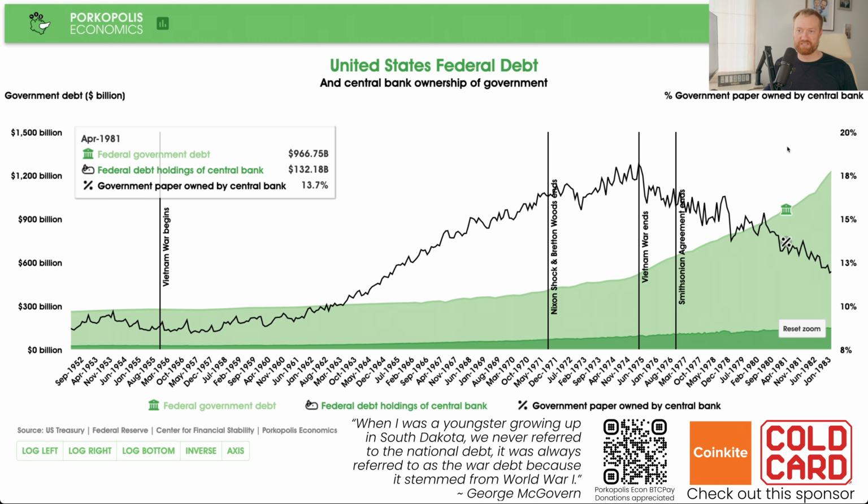It's going up to 130 billion by the end of this chart. At the start of the 1980s, roughly $1.2 trillion in federal government debt. The Federal Reserve's portion is still rising, 150 billion, but as a percentage, because the US continues to issue more and more debt in this fiat standard, the Federal Reserve's percentage has fallen.